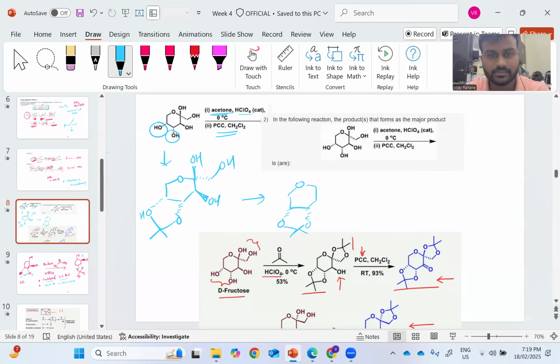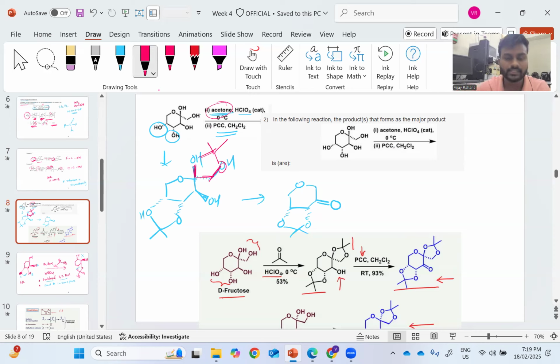In this case, this alcohol gets converted into its keto. And I just forgot here: if you look at the stereochemistry of this hydroxy group and this OH, they also get protected, because acetone is a solvent in this case and is already in excess.